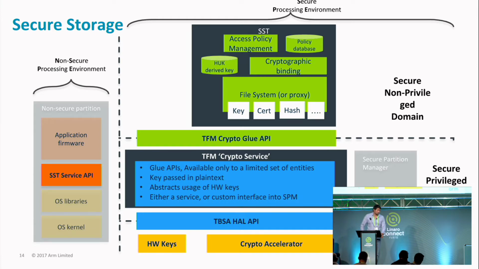So the blue box provides an abstraction and a key derivation tree for the hardware unique key. It makes sure that the secure storage is given its own derived key, and it maintains a key hierarchy so that two entities on the system which want to make use of the hardware unique key do not end up having the same key, or do not end up being able to derive the same key maliciously. So that's reason one.